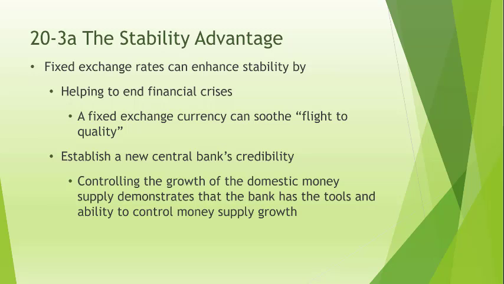That fixed exchange rate can soothe a flight to quality. In other words, if you've got something fixed and the government and the central bank stand behind that, that tends to offer some kind of credibility to the country or central bank, some kind of assurance that things are not going to go to pot.